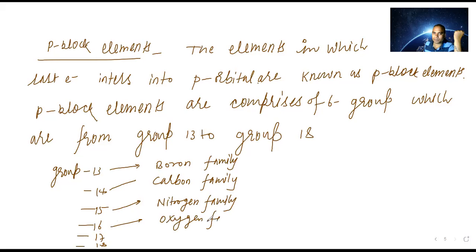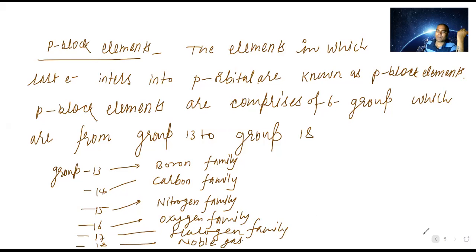Group 17 is the halogen family. And lastly, group 18 are the noble gases, also known as inert gases.